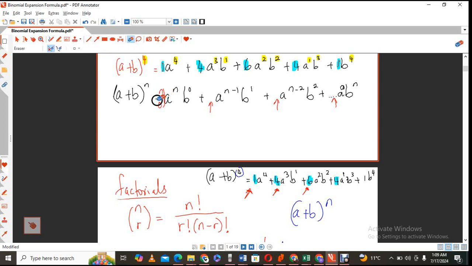Just maybe clear this up a bit, so here we have n choose 0. Here we'll have n choose 1. We'll just write it like this, like a vector way. And here we'll have it as n choose 2. So this one here is n choose 2. And so we go until we get to n choose n.